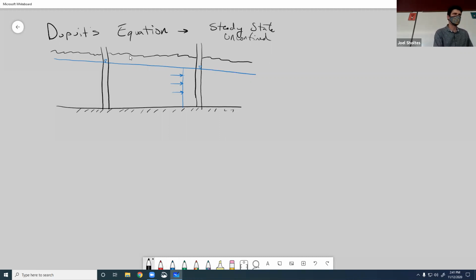All right, so let's just list out the assumptions here. So one is we have a free surface water table, which really just means it's unconfined.